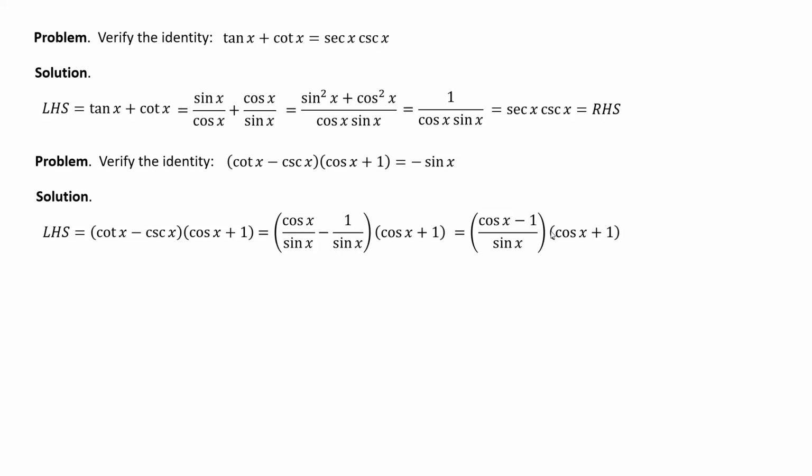The identity says 1 minus cosine square x is sine square x, but here we have cosine square x minus 1. So what do we do? We'll say, okay, we can factor out a negative and write that as negative of 1 minus cosine square x. Right? So that just becomes negative sine square x.